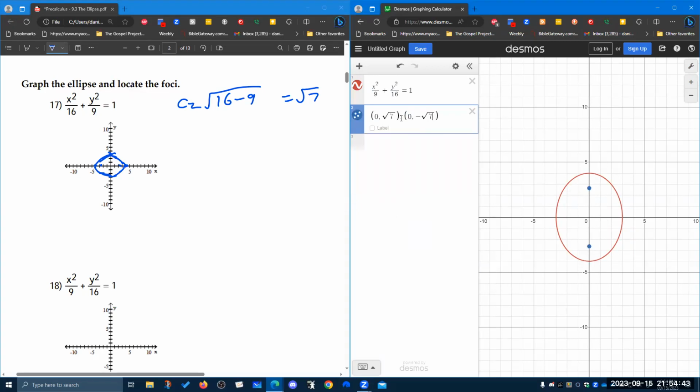There's my foci. We just turned the ellipse on its side. We didn't really change the problem at all. So now it's stretched out this way: 4, -4, 3, -3, and we're still at 2.6 something here for my foci, -2.6 something for my foci, and it's an ellipse like that.